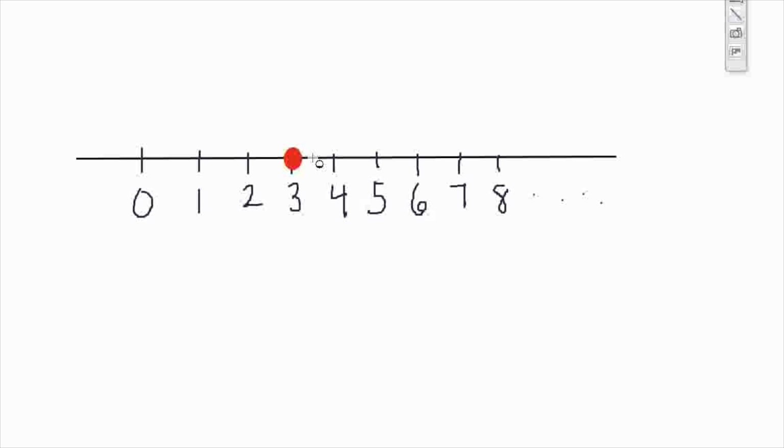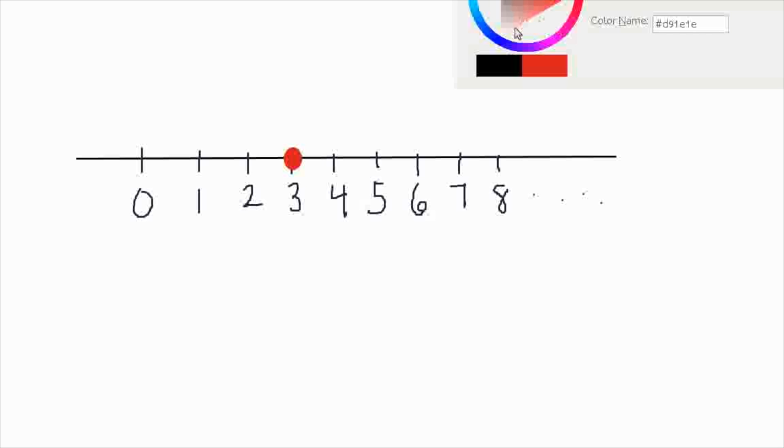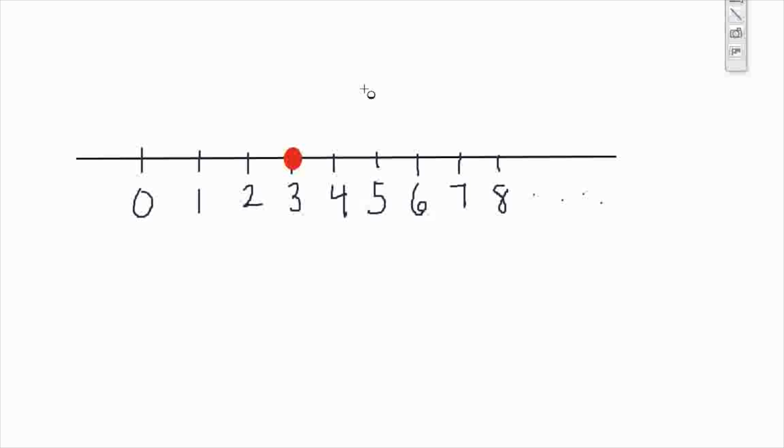Now, if you increase the quantity by 1, you can think of that as moving to the right 1 step, so to the next number. So that means you would end up on this blue dot, right?